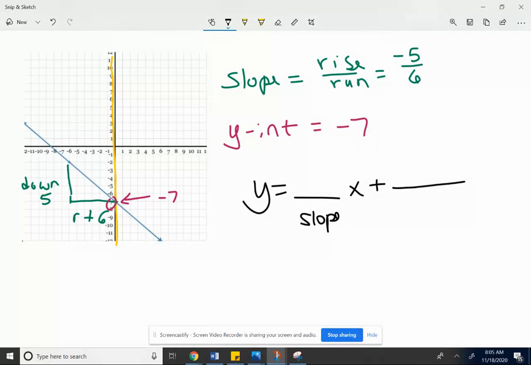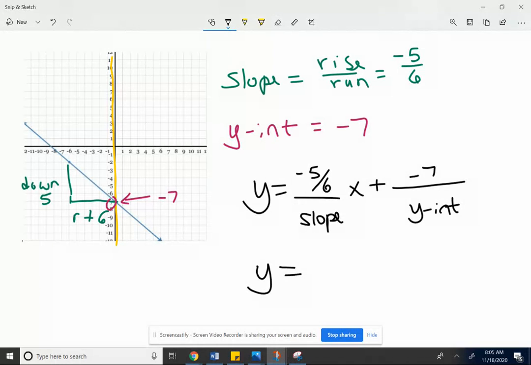Your slope goes in front of the x, your y-intercept goes after the plus, so it's going to be y equals negative 5/6 x plus negative 7. That is the right answer, and I believe Delta Math will give you a green check mark for that.